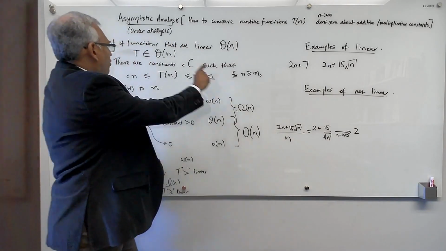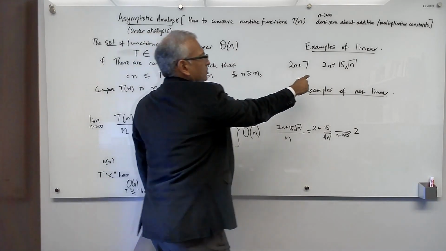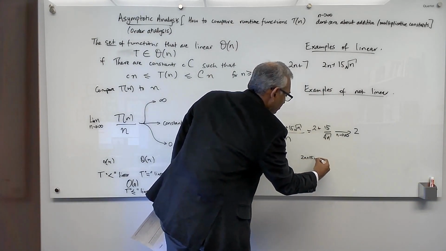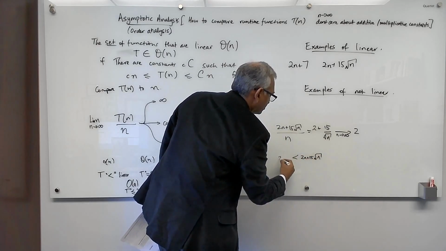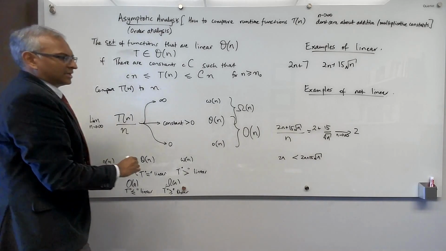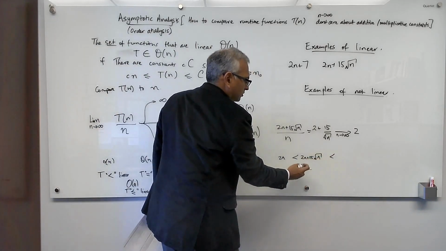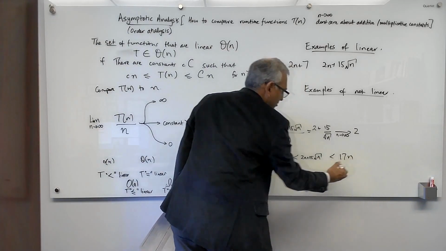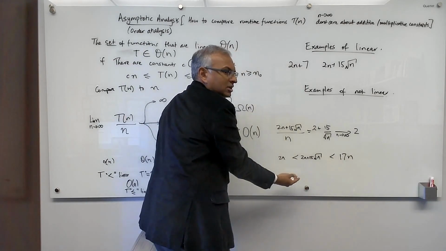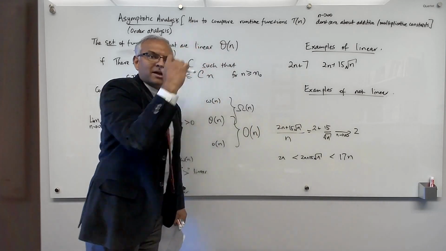Another way of viewing it formally from the definition is, look, 2n plus 15 root n is certainly greater than 2n. So that's clearly linear. And it's certainly less than 17n, because root n is less than n. So I can bound it from below and from above by a linear function.